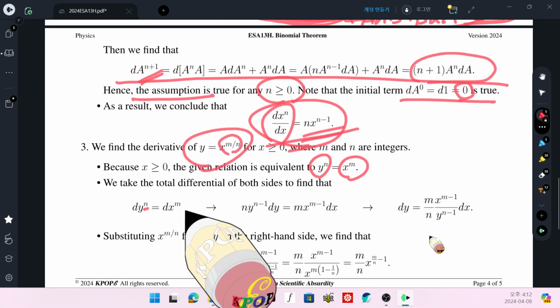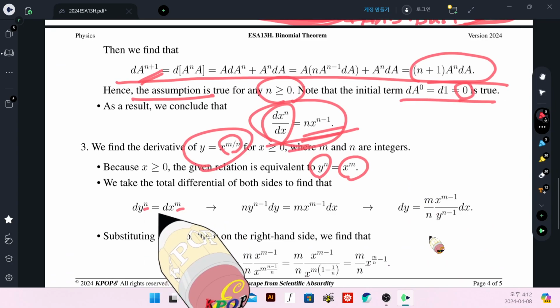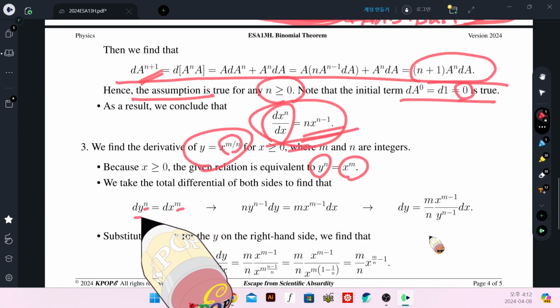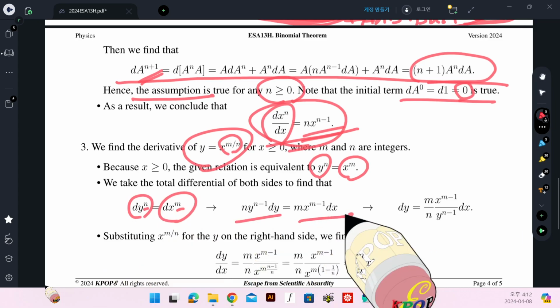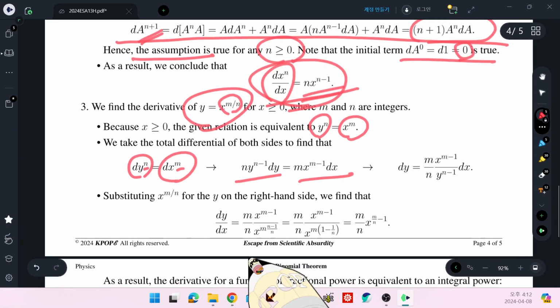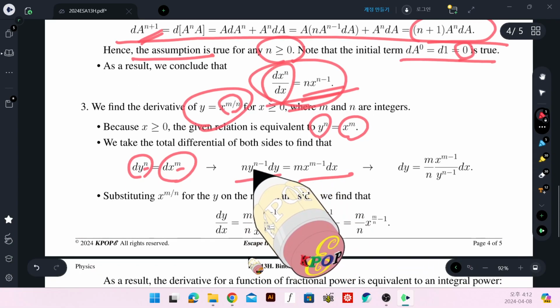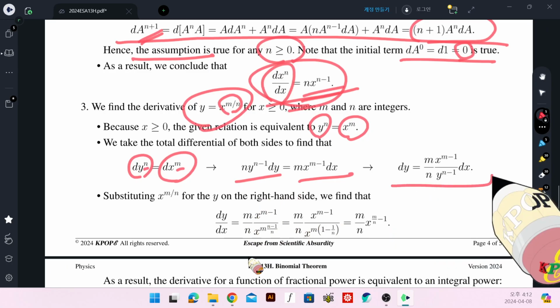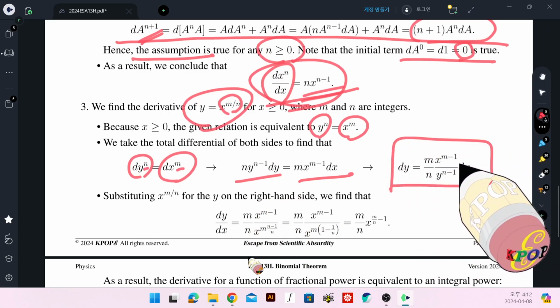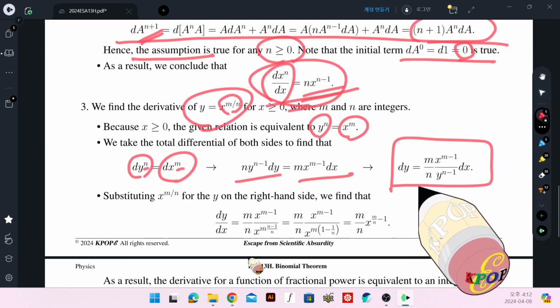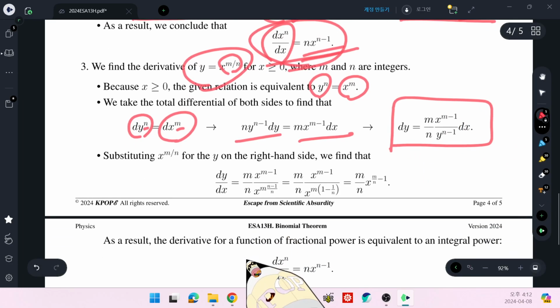Because m and n are both integers, we can compute the total differential of both sides. Trivial. And then we take the ratio. So differential of y and differential of x are correlated with a factor.